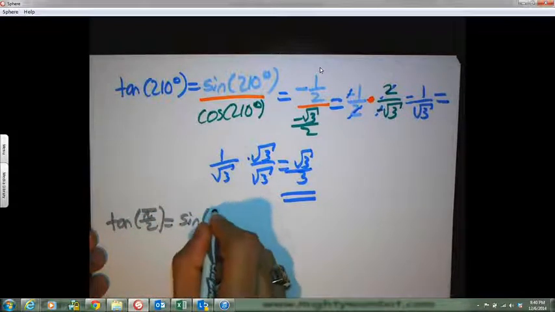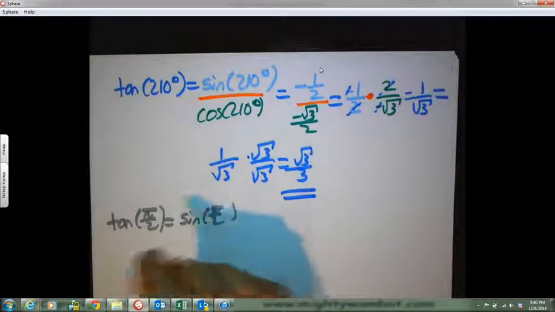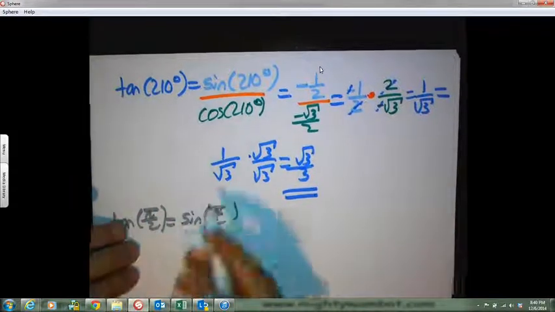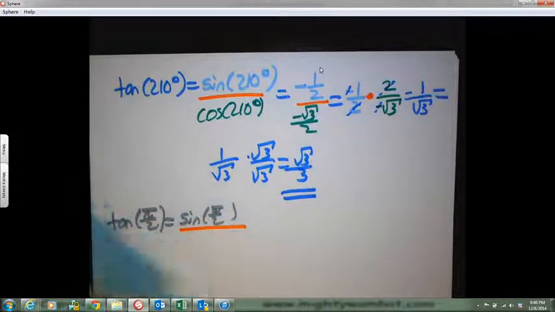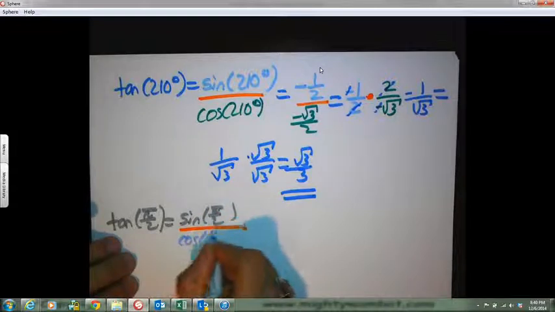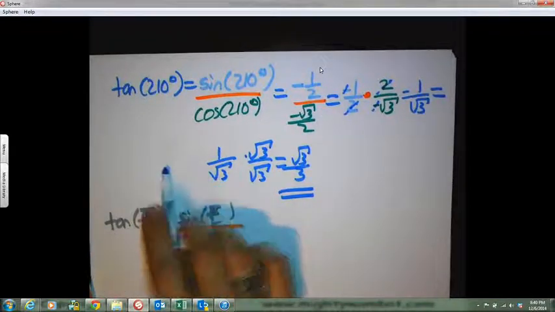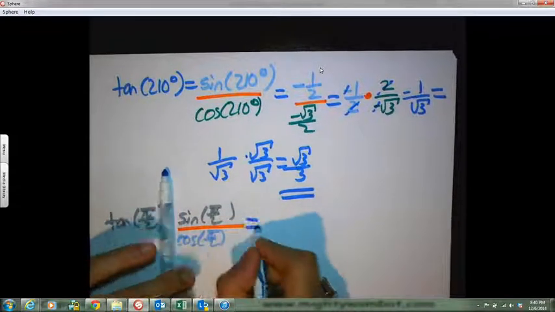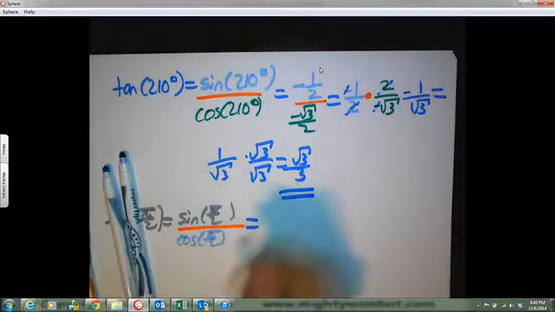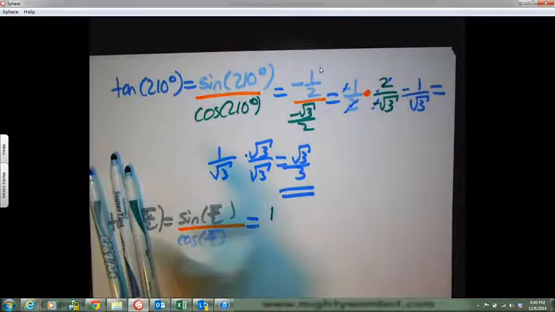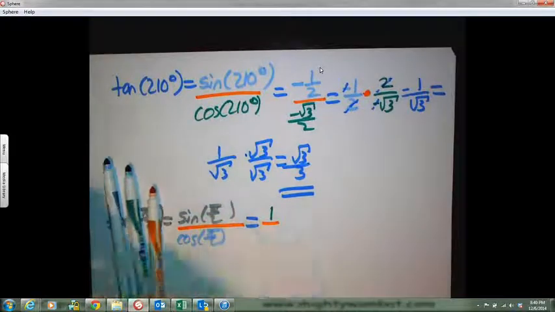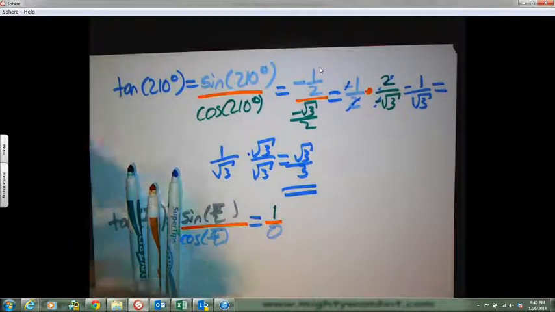Sine of pi over 2, top of the circle, is 1, divided by 0, which equals does not exist. We have a does not exist because the denominator equals 0. Alright, so that's how you find the tangent of an angle.